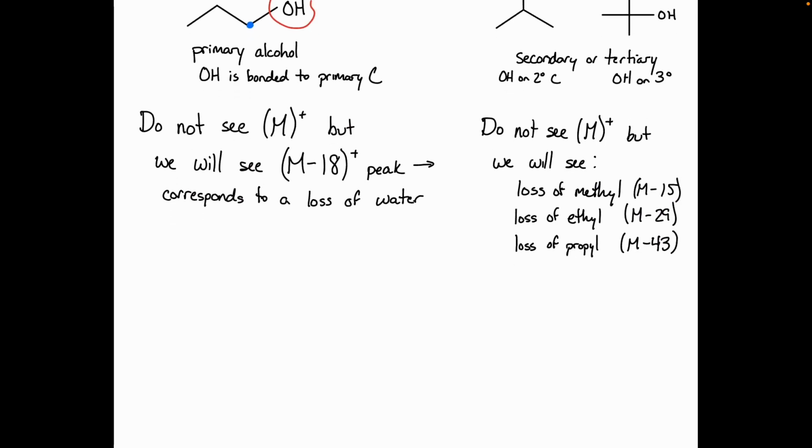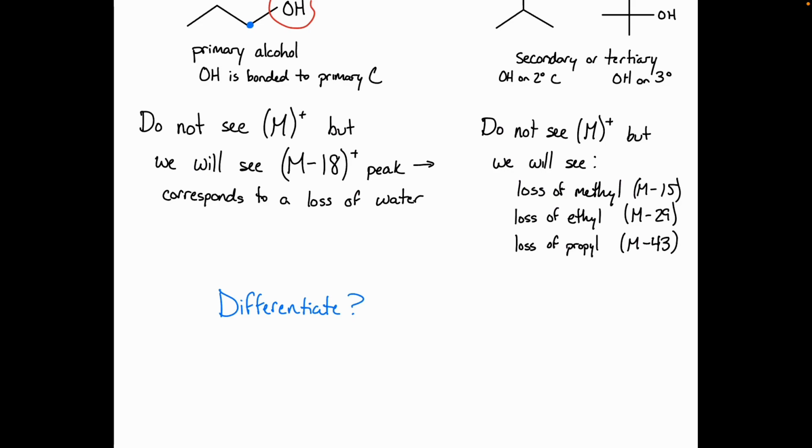All right, so then how can I differentiate? What do we notice about the difference between losing a water and losing, let's say, a methyl group? 15 versus 18. Okay?